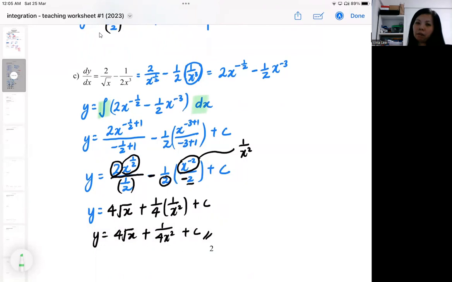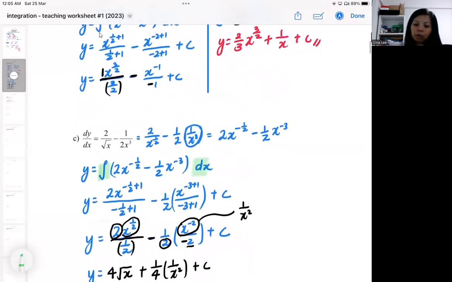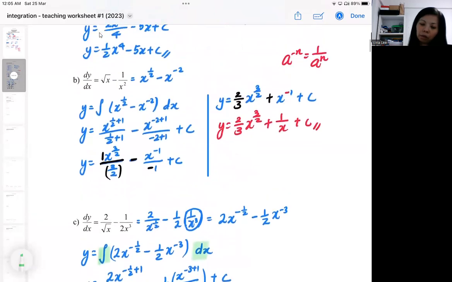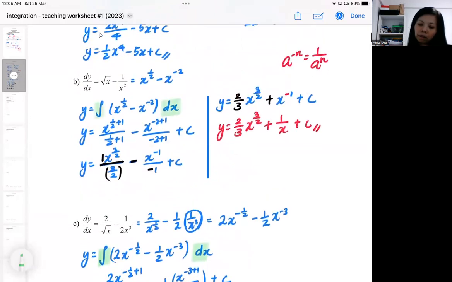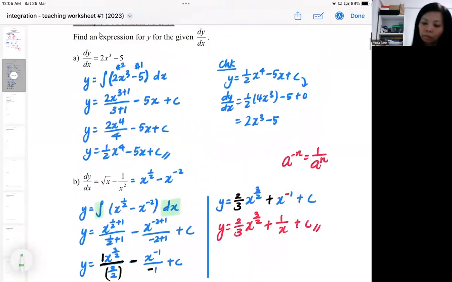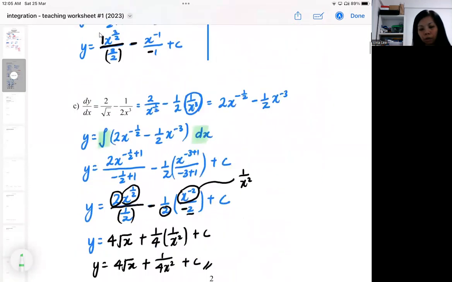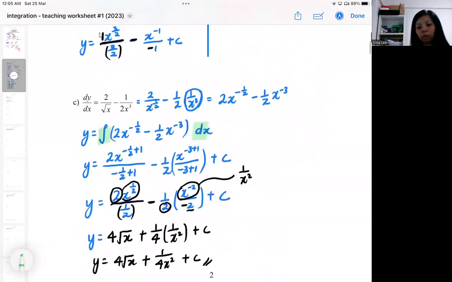The moment I return the power divided by new power, the fork and spoon disappear. So all the previous situations are all like this. So I initially have the fork and spoon to indicate that I'm integrating. But the moment I apply the formula, the integration sign disappears. Okay, so take a look. So that is just pure formula 1 and formula 2.